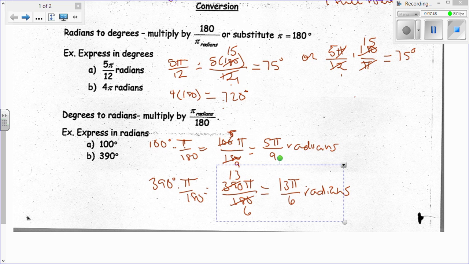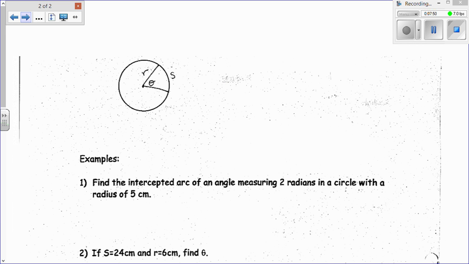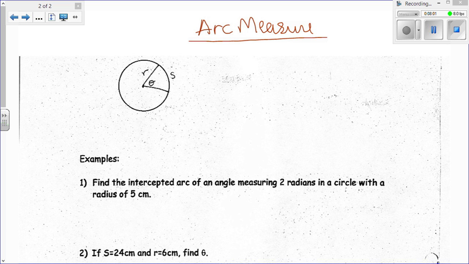All right, next page. This is what we call arc measure. We have S, we have R, and we have theta. Theta is my central angle in radians. That is key. They always have to be in radians.